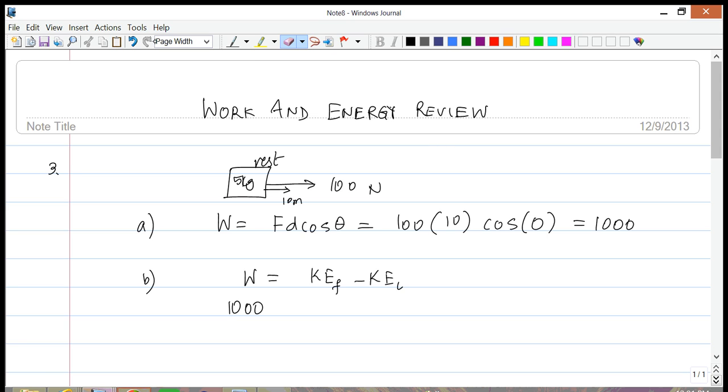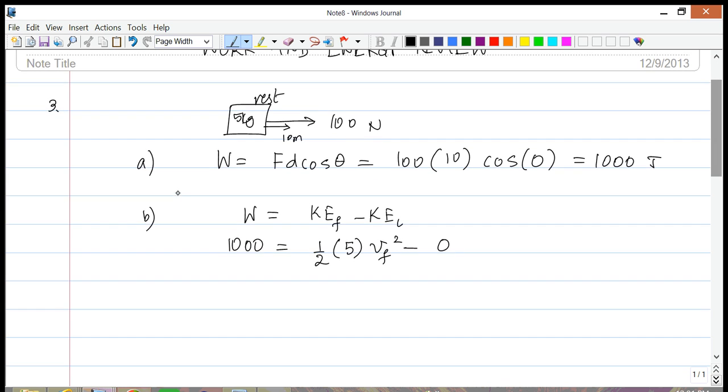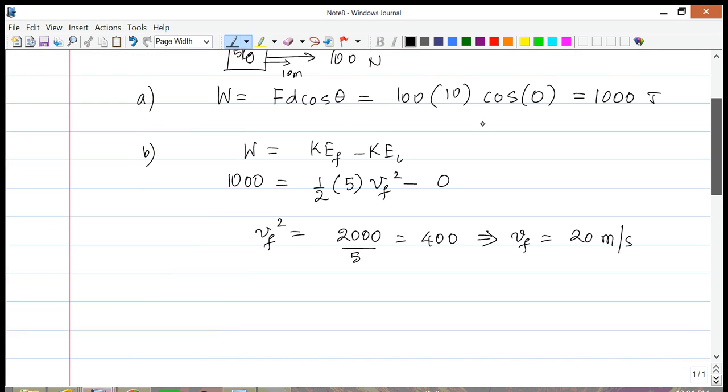So I put 1000 joules in here, and this is equal to KEF, which is equal to 1/2 times 5 times VF squared minus 0, because the initial speed is 0, so the kinetic energy is 0. Now this gives us VF squared is equal to 2000 divided by 5, which is 400, which implies that the final speed is equal to 20 meters per second. Great. So this is problem number 3.